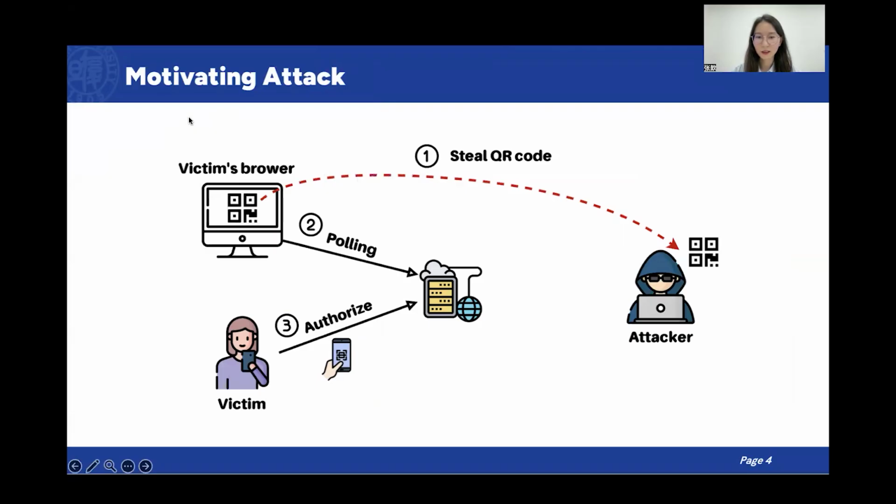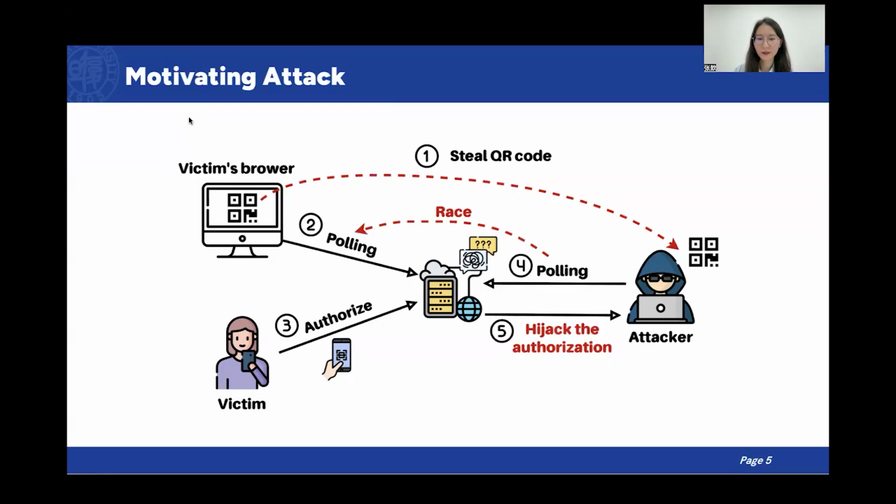To see what can go wrong, here's a real-world attack we discovered. In a user's normal QR login process, the browser keeps polling the server, asking, has the QR code been approved? But if an attacker steals the QR code, say by shoulder surfing or using a malicious extension, they can also start polling the server.